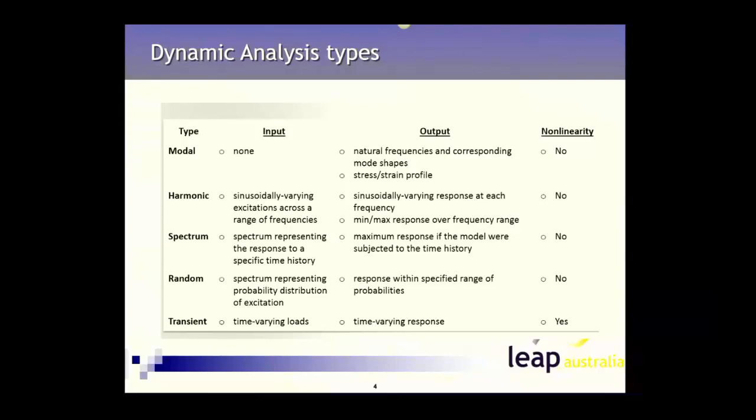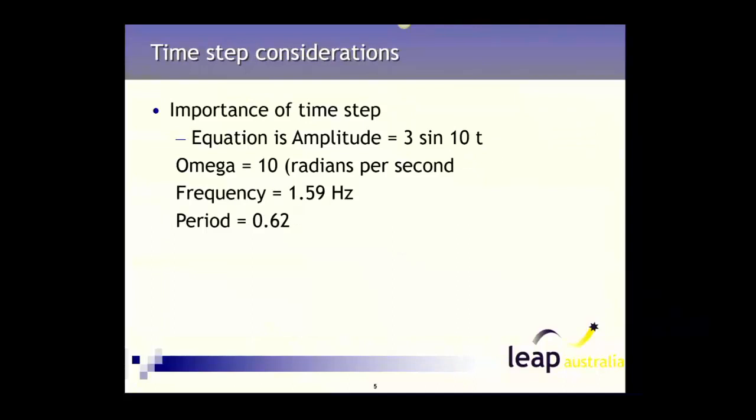So you nearly always do that as a full method. So you can include all sorts of non-linearities, your contact, material non-linearities, and geometric non-linearities, because most of the time your displacements are going to be quite large, and you're calculating displacements of bodies as they're moving.